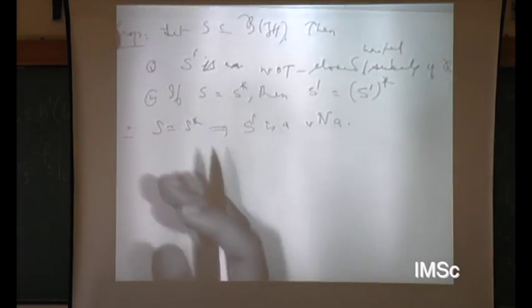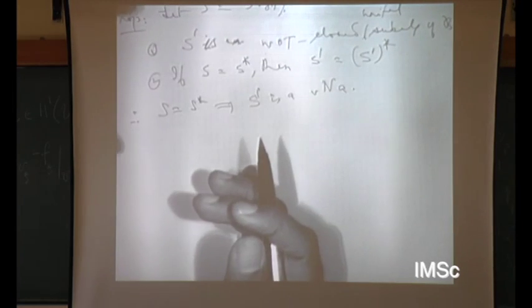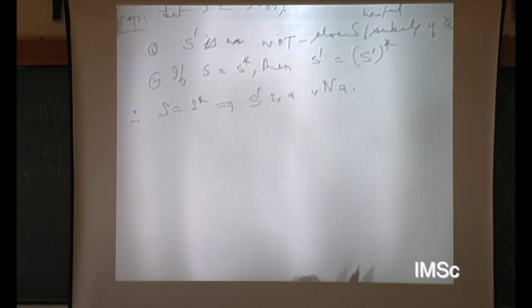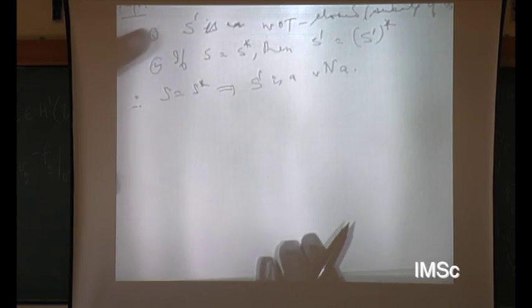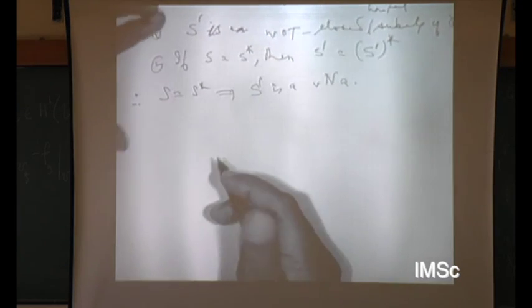And all the structures have been shown to be satisfied by such a set. So you take any star closed collection of operators, its commutant is automatically a von Neumann algebra.